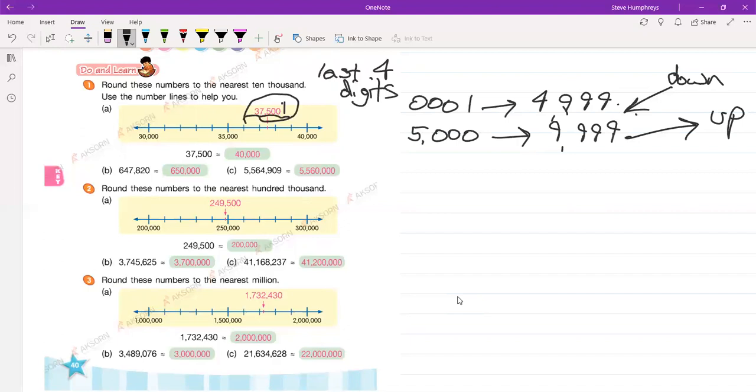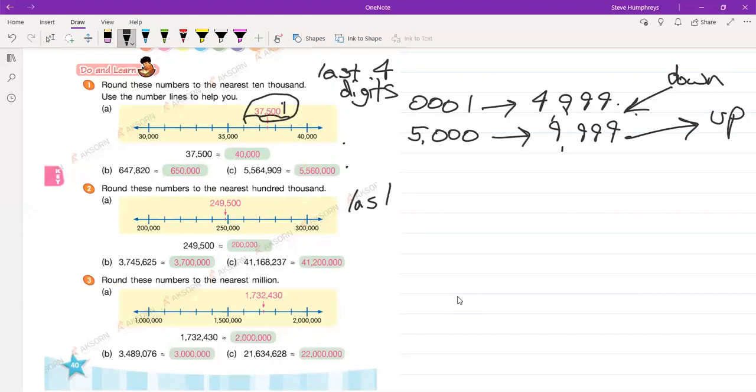Right. From what you've learned, students, complete number 1A. This is 1A, 1B, and 1C, rounding to the nearest 10,000. Number 2, A, B, and C, rounding to the nearest 100,000.